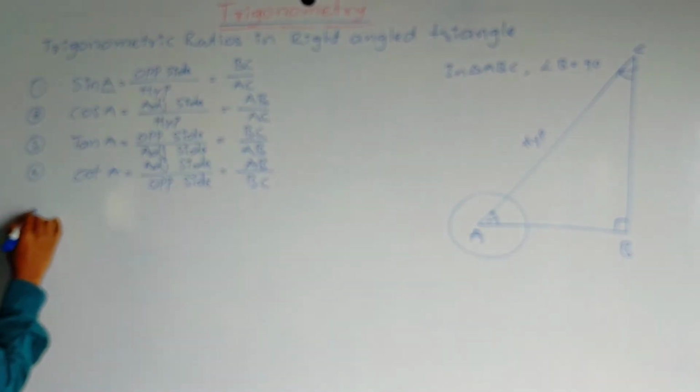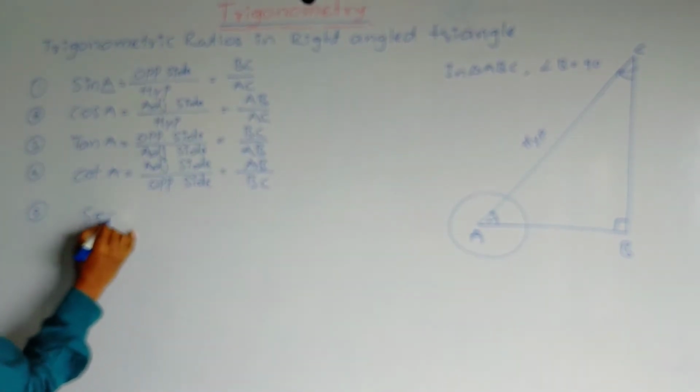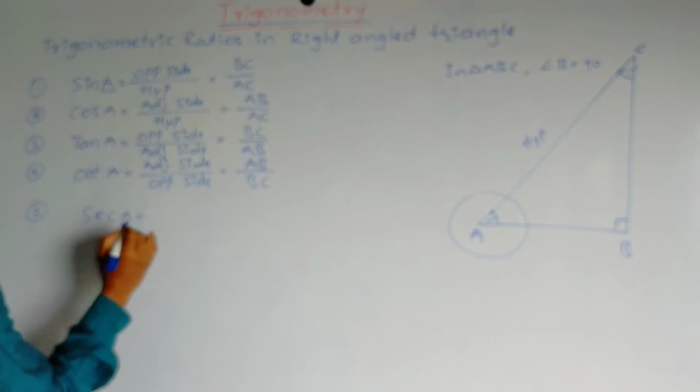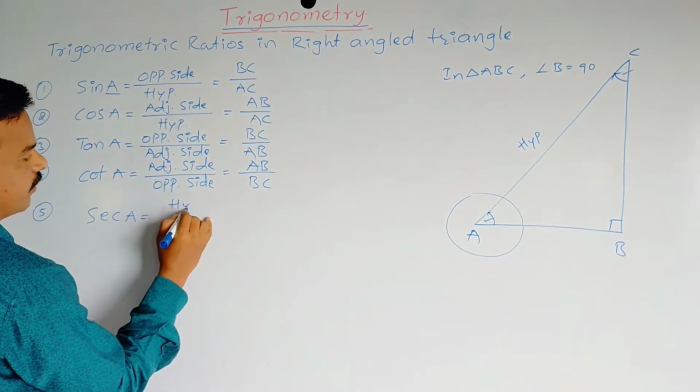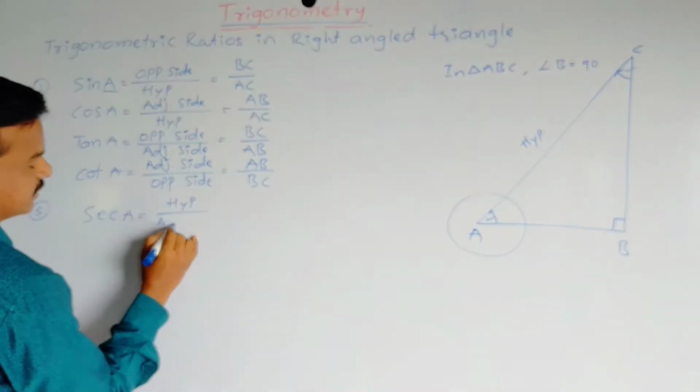Next, the fifth one, sec A. Sec A is hypotenuse divided by adjacent side.